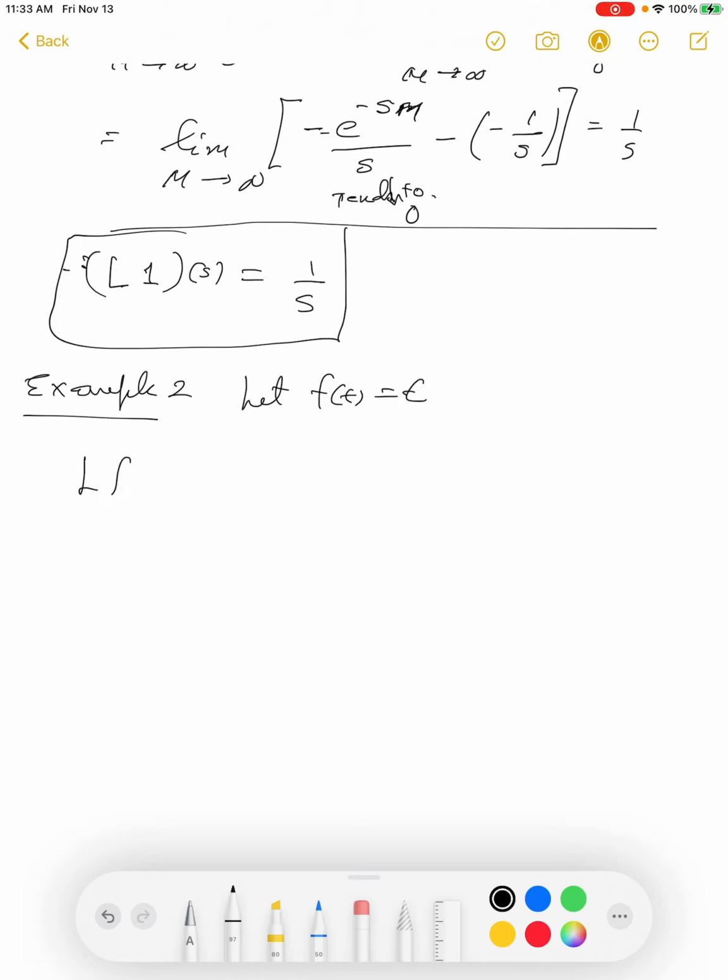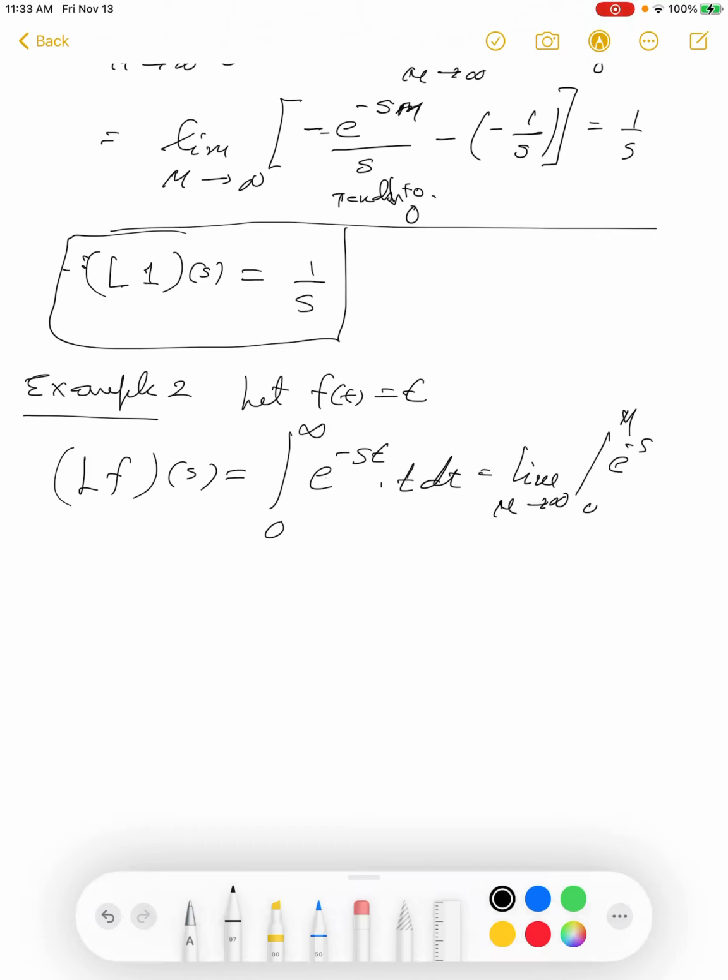Then we want to find L{f} at s, and this is going to be again the integral from 0 to infinity of e to the minus st times t dt. So this is the limit as m tends to infinity of the integral from 0 to m of e to the minus st times t dt. So you have to use integration by parts here.